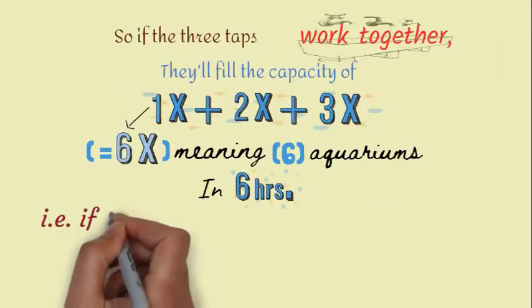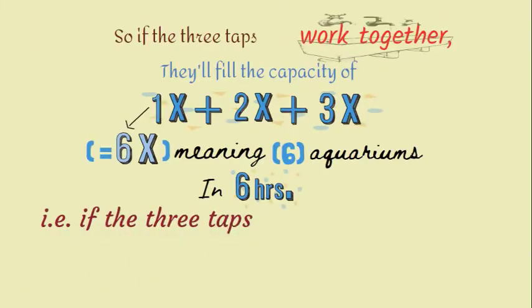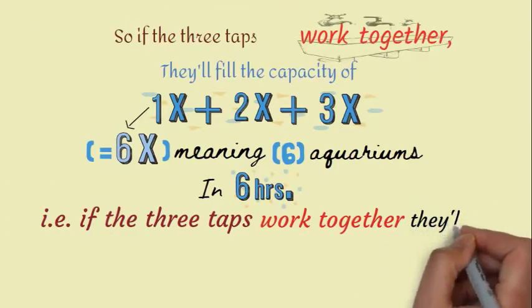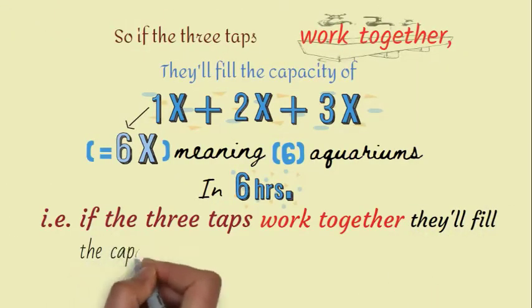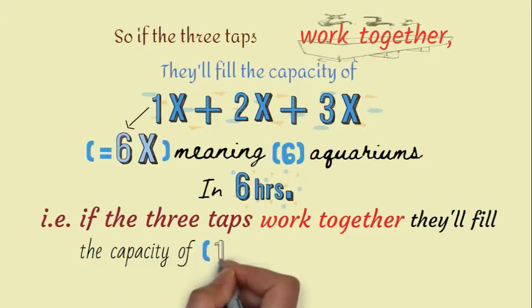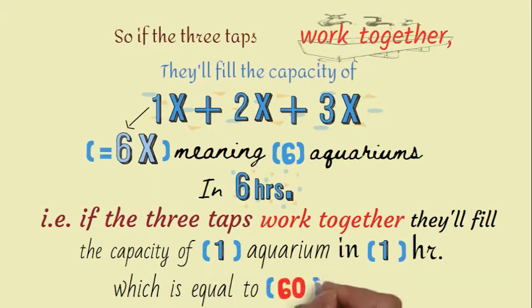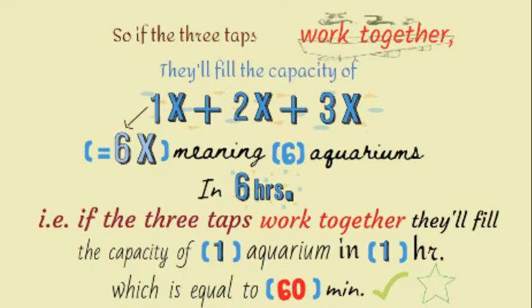If they work together, they will fill the capacity of 6 aquariums in 6 hours. In another way, they will fill the capacity of 1 aquarium in only 1 hour, which is equal to 60 minutes. So, if they work together, they will fill the capacity of 1 aquarium in 60 minutes.